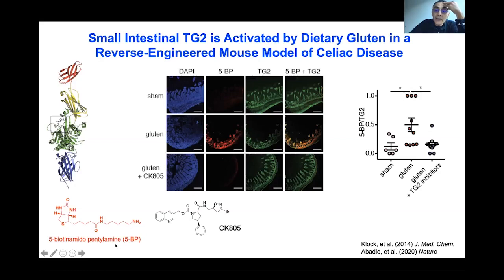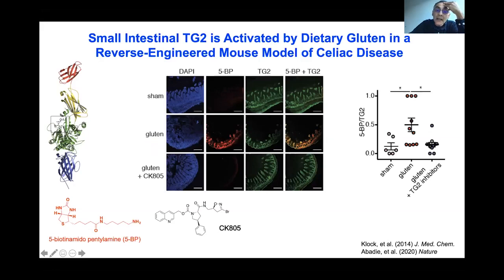Using this kind of a tool, we were able to help our collaborators, Bana Jabri's lab at the University of Chicago, who were in the process of engineering a mouse model of celiac disease, an effort that took them about a decade to do.